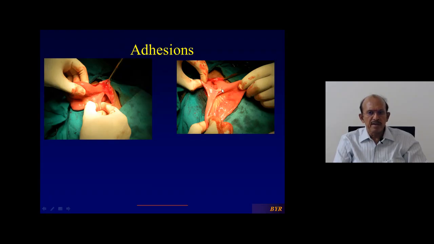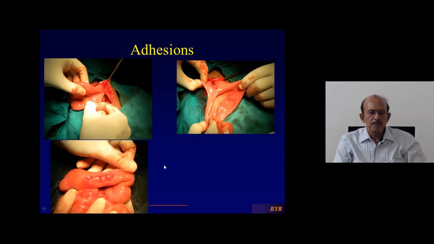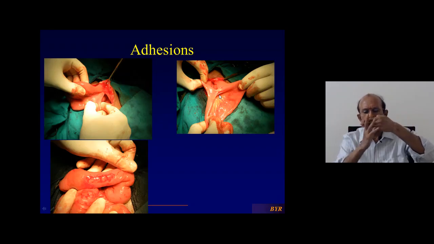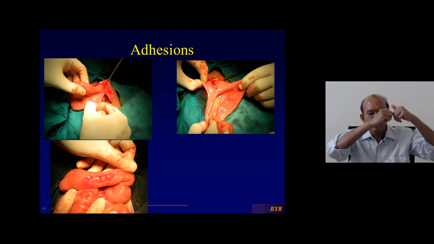Both of them got adhered by these adhesions. When you cut this adhesion, if a long band is there, a long adhesion, you can cut in the middle. Sometimes they will be very short. Bowels are adhered to one another like this.